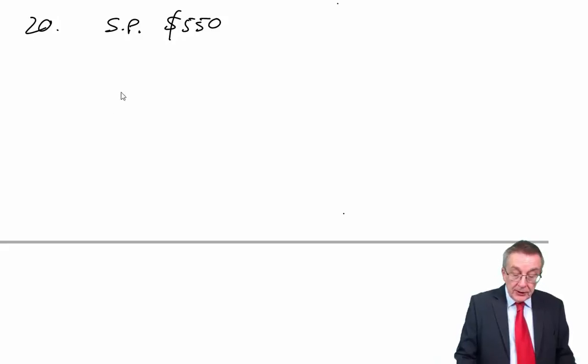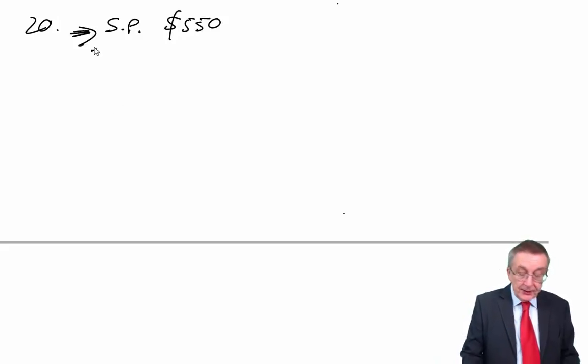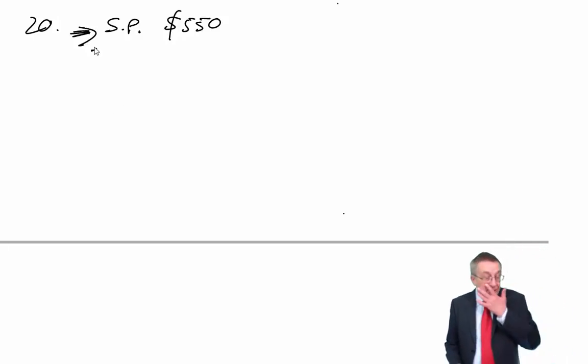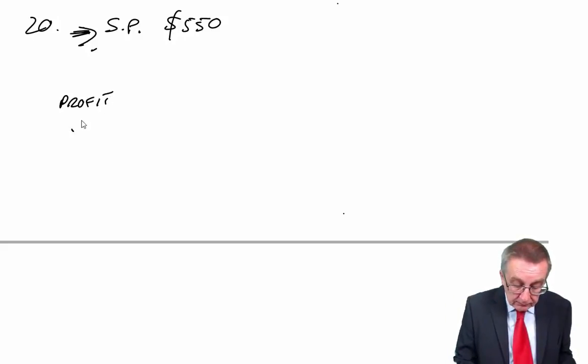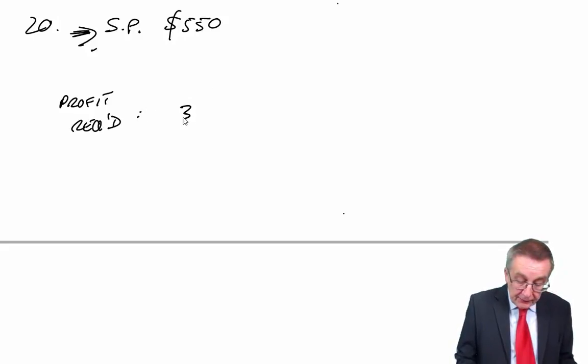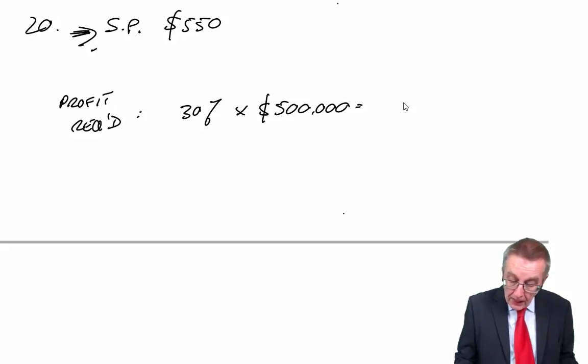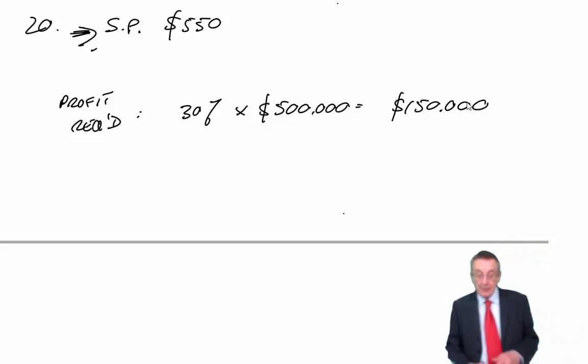With target costing, we set the selling price first. Fine. We're given it. It's $550. We then work out what profit we require. It says a return of 30% is what we want on an investment of 500,000. So we want a profit of 150,000.